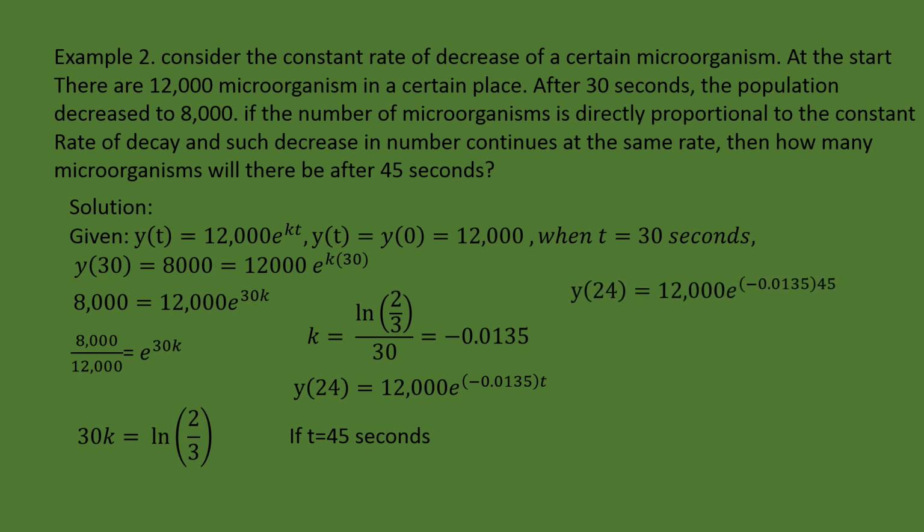Simplifying, we get y of 45. After 45 seconds, we have 6,537 microorganisms left. So as we observed, from 12,000, it decreased to 8,000, and after 45 seconds, it also decreased to 6,537.